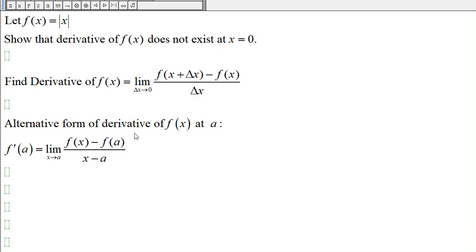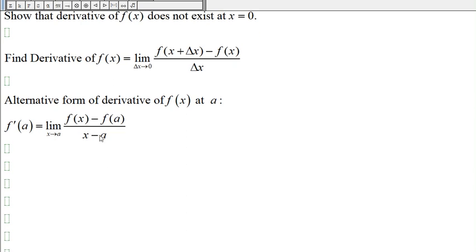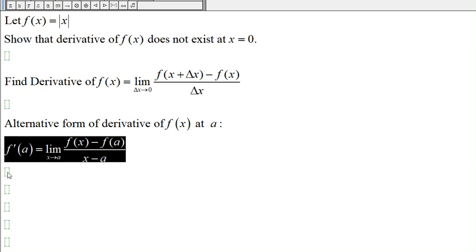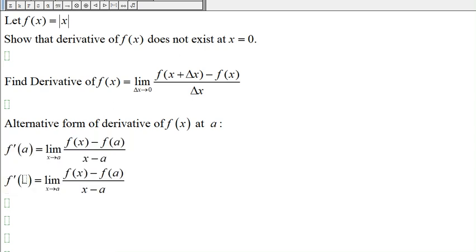And for this type of function, we can use either one, but let's go ahead and use the second one right here. So we want to show that the derivative does not exist at x equal to 0. So here a would be 0, and then a here is 0, and this is 0.